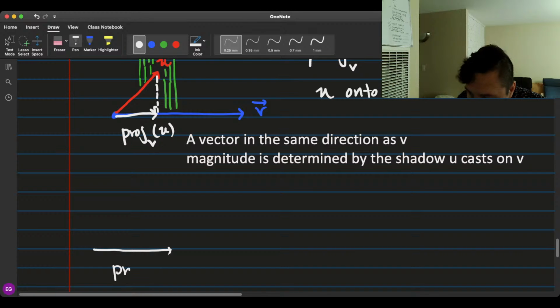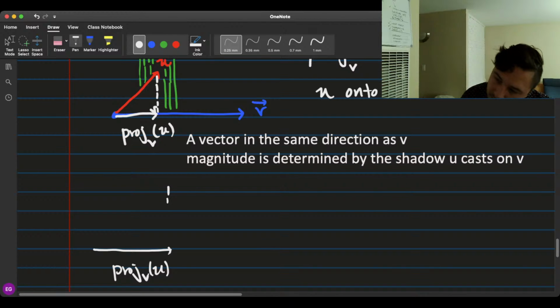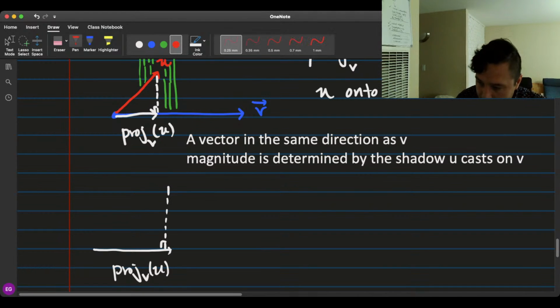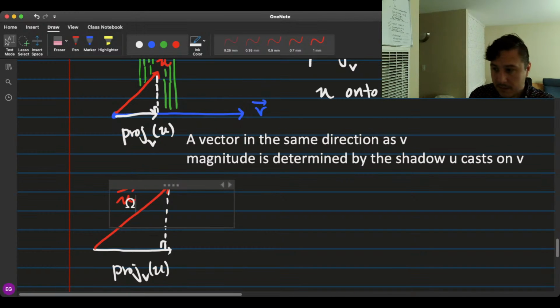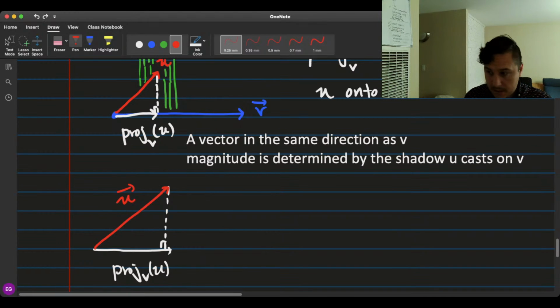So here's my projection of u onto v. There's that altitude that I dropped, and then here was my u. Okay, this is my u.